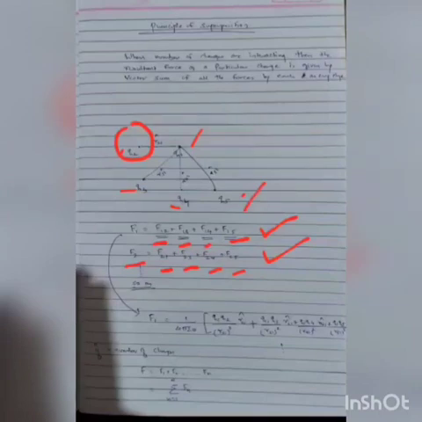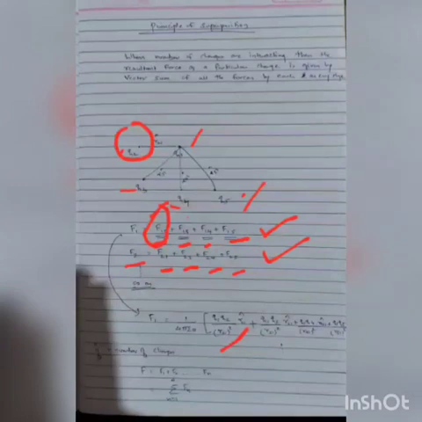Now we know the force between two charges. For example, let's take F12, the force between the two charges Q1 and Q2, which is 1 upon 4 pi epsilon 0, Q1 into Q2 divided by distance square, with unit vector r21.